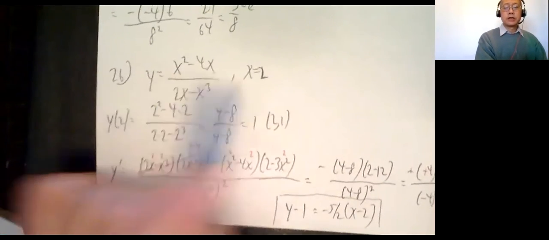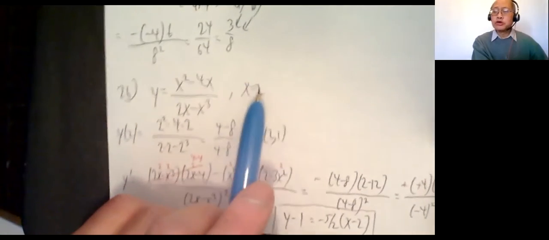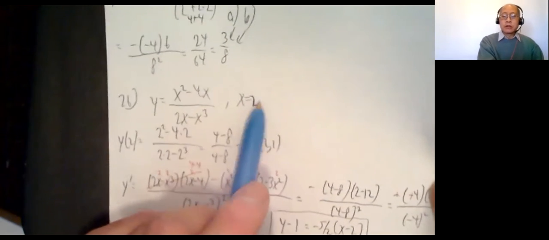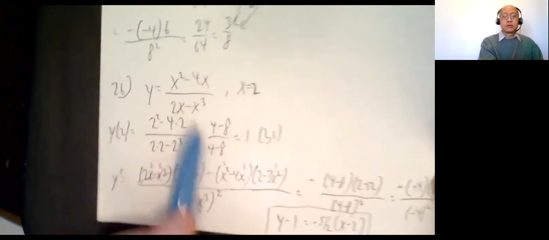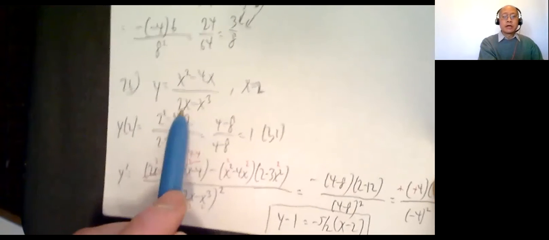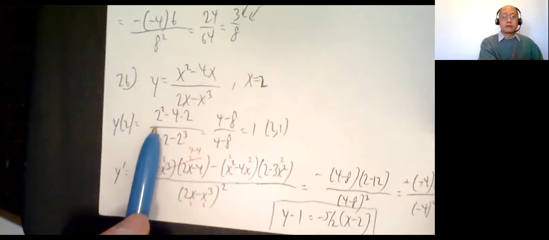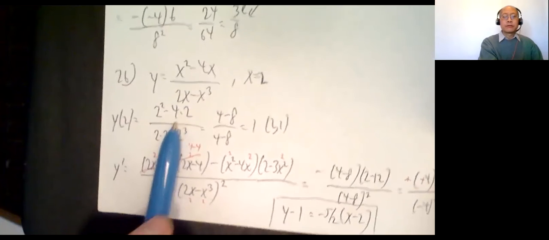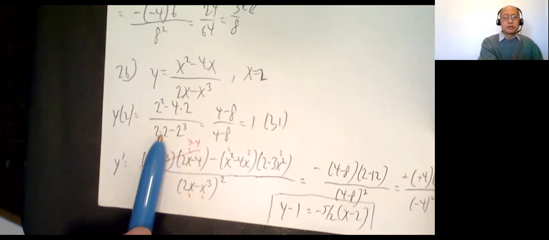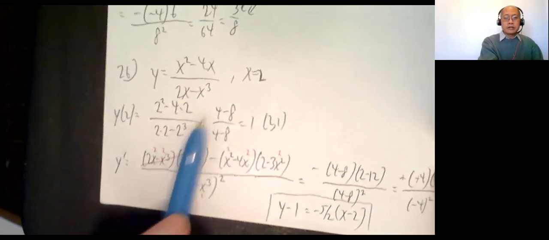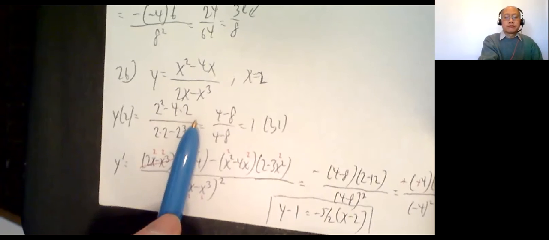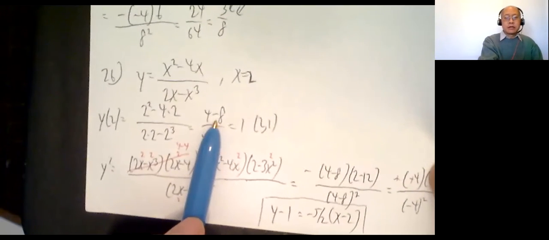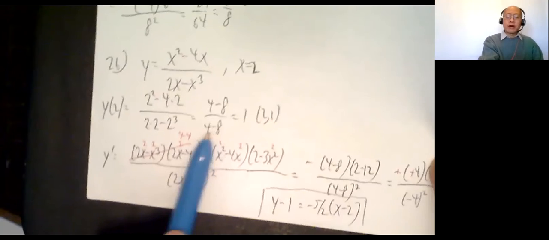So here's the function. Sometimes they'll say, 2 comma 5, but they don't give me the 5 or whatever. Plug it in. So put a 2 here, here, here, and here, and grind it out. So 2 squared minus 4 times 2 divided by 2 times 2 minus 2 cubed. So this is 4 minus 8 divided by 4 minus 8.